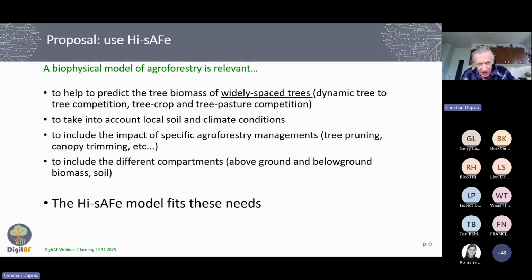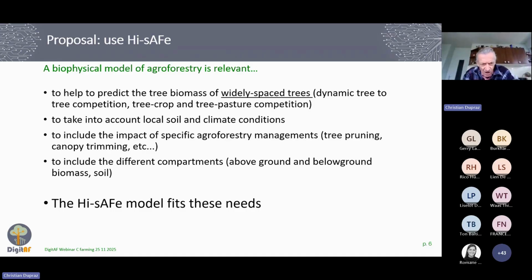So what we have done, we have used the HiSAFE model. It's a biophysical model of agroforestry. It was designed to predict the tree biomass of widely spaced trees. So tree growth is really dependent on tree competition, tree and crop competition, tree and pasture competition.